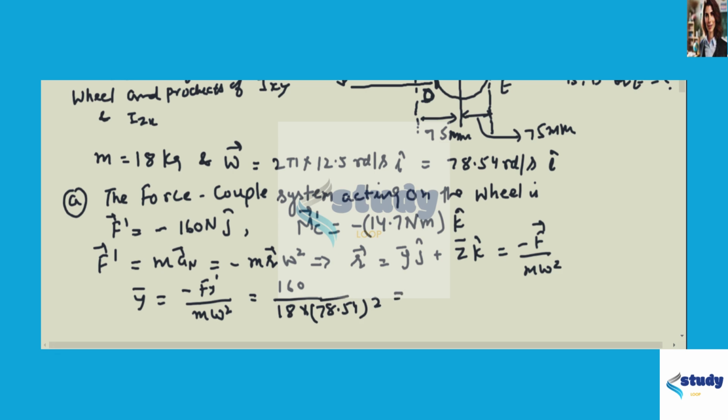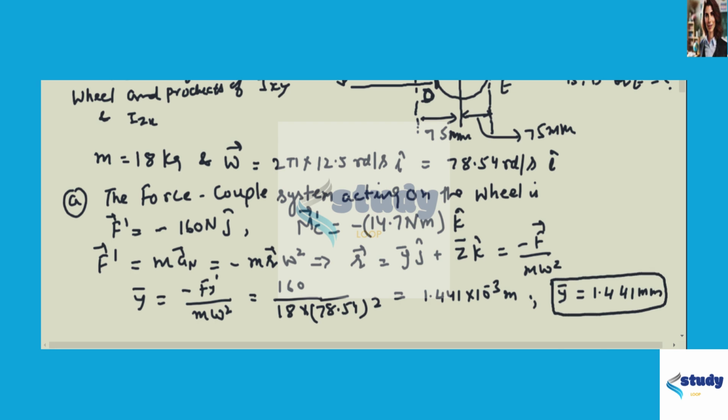On solving it, you will get 1.441 into 10 to the power of minus 3 meter, or you may write y coordinate of center of mass as 1.441 millimeter. This is one of the answers of part A.